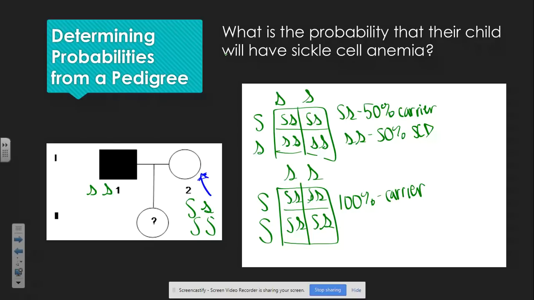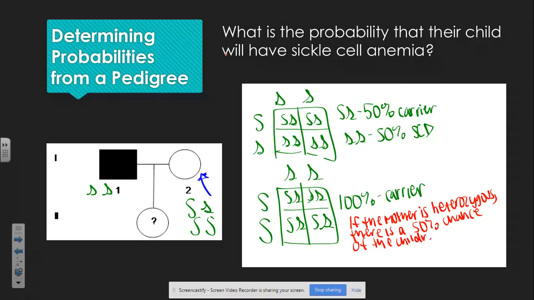So in my explanation, I would say if the mother is heterozygous, there is a 50% chance of the children having sickle cell disease.